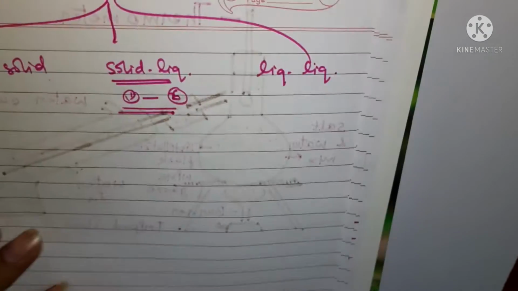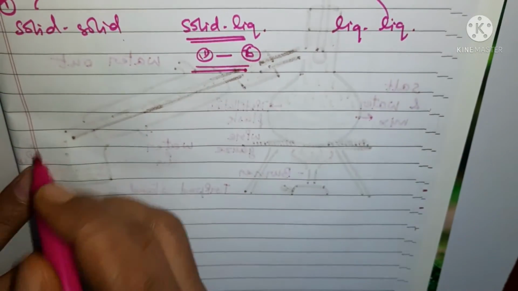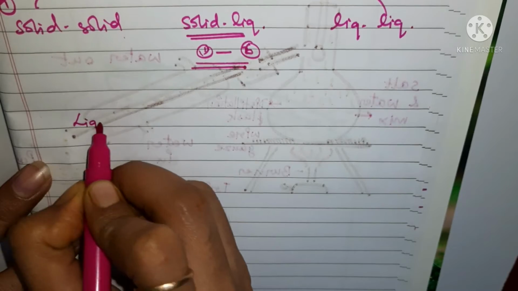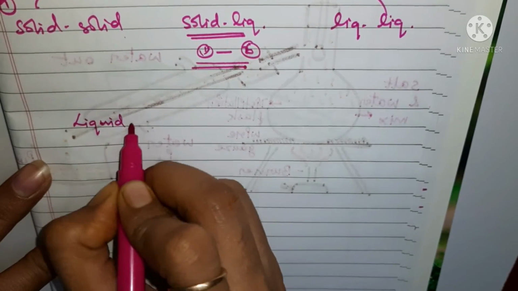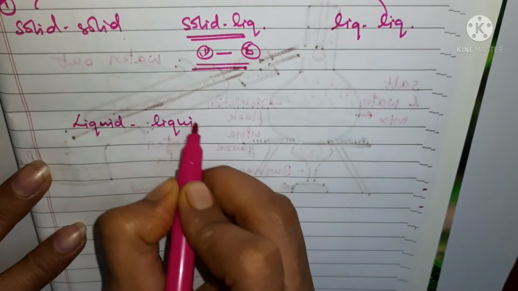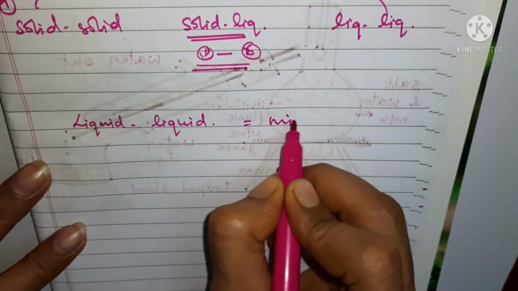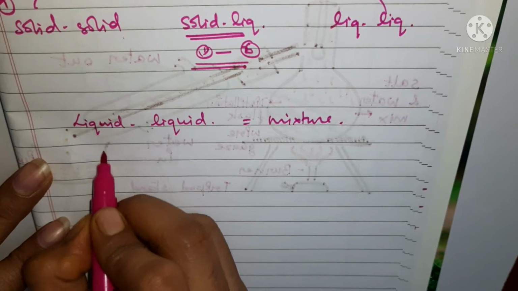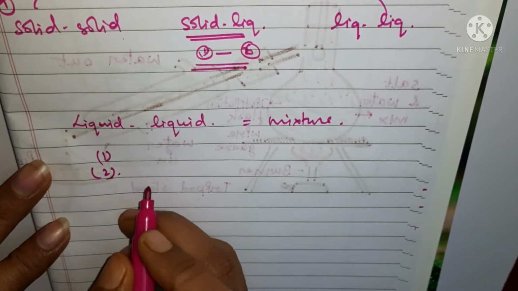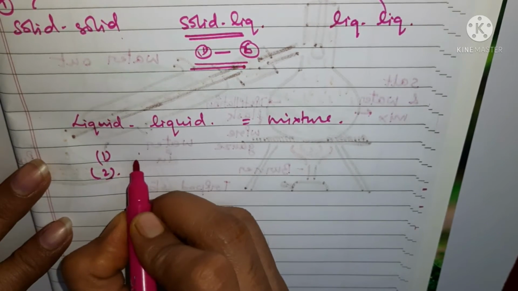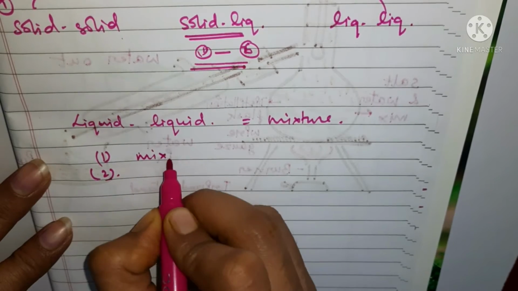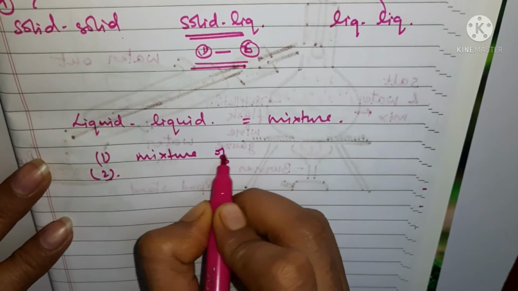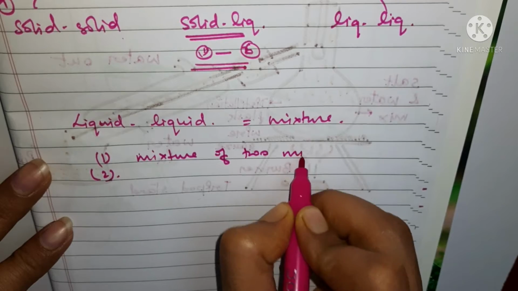Now this liquid category can be divided into two parts. Liquid and liquid, this is a mixture in which you are having two liquids, but this can be divided further into two parts. The first part is the mixture of two miscible liquids.